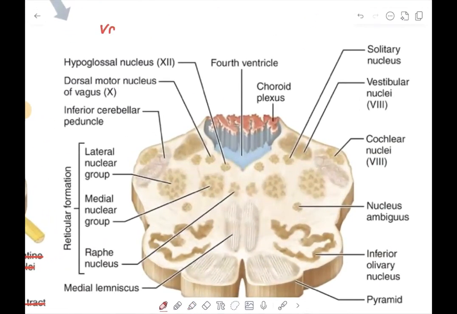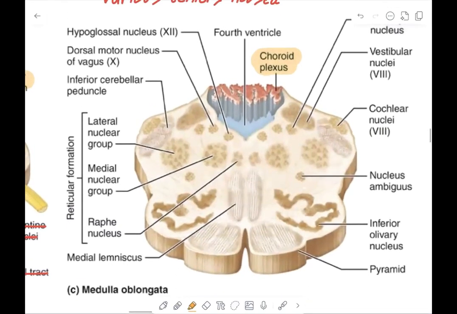These various centers are going to be important for things like nausea. So if somebody is nauseous, it's going to have an opening for that, for hiccuping, swallowing, coughing, things like that. As you can see, it has the choroid plexus here that's between the medulla as well as the cerebellum.